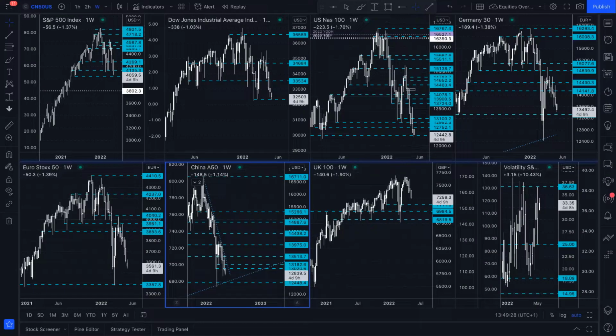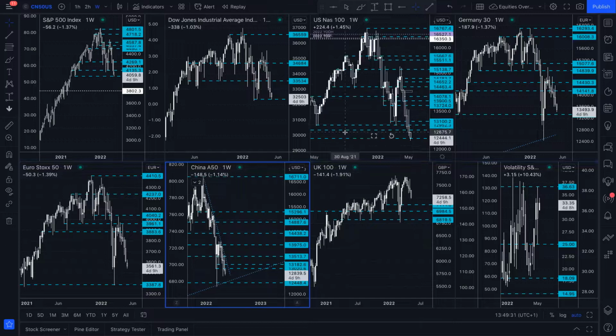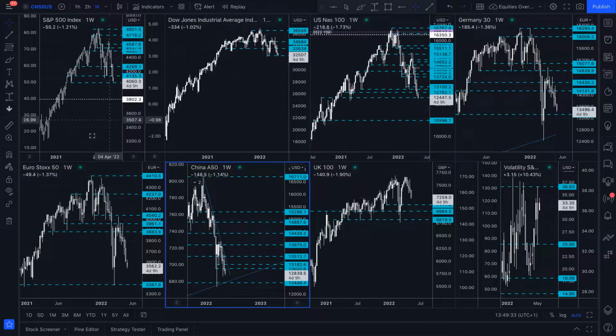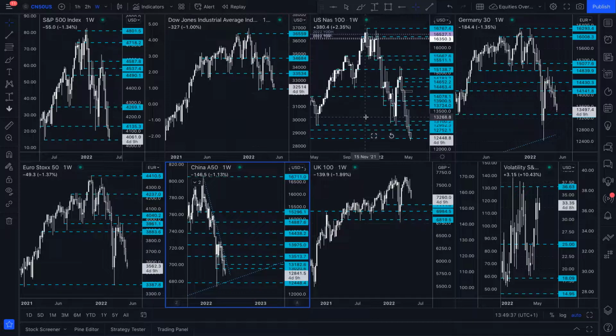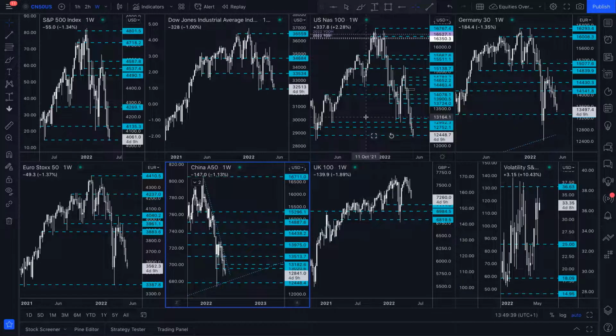Yes, and the other thing to look for is stocks. Now, if the inflation print comes in below market expectations and surprises to the downside, expect stocks to gain.